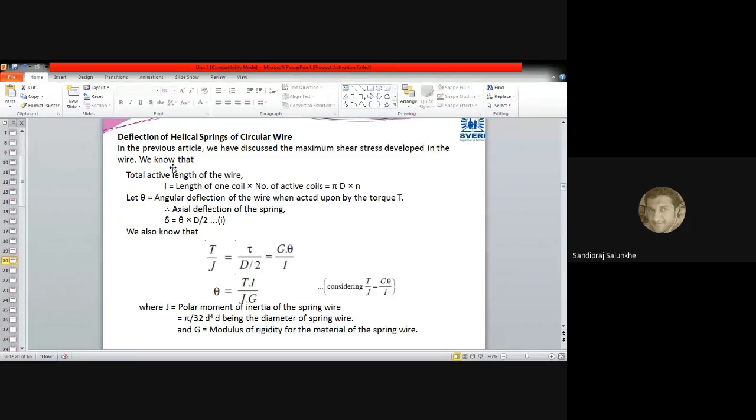Now we are going to calculate the deflection of a helical spring of circular wire, that is, how much it will deflect. Deflect means how much twist will occur in terms of deflection. We can measure it in theta, because we have seen that shafts are designed based on the principal shear stress theory, then the principal normal stress theory, and on a rigidity basis.